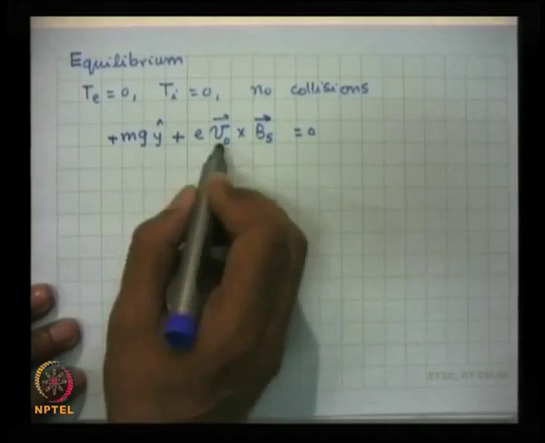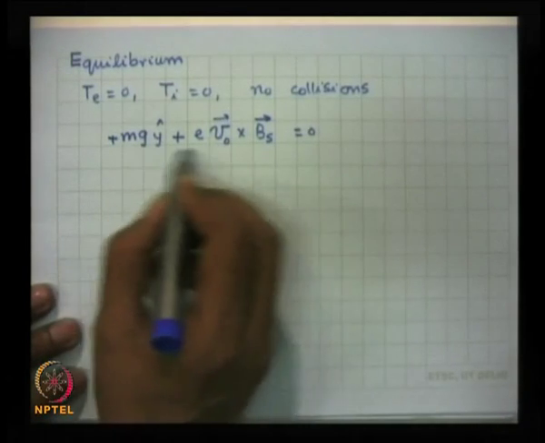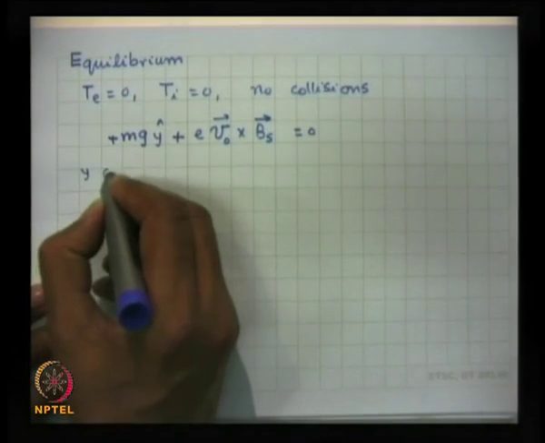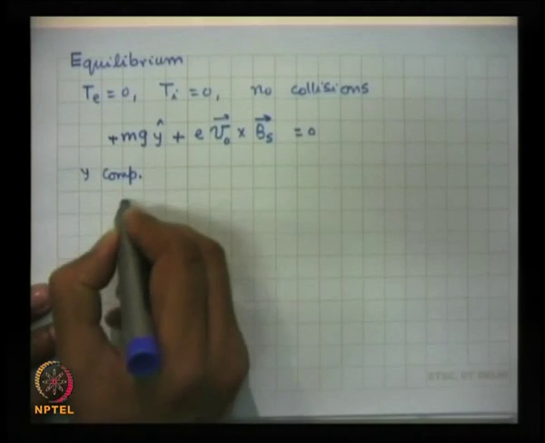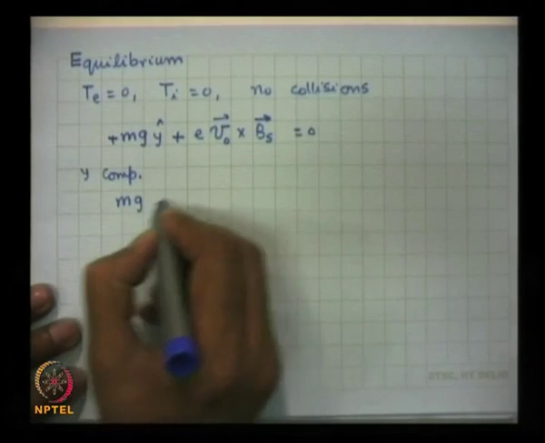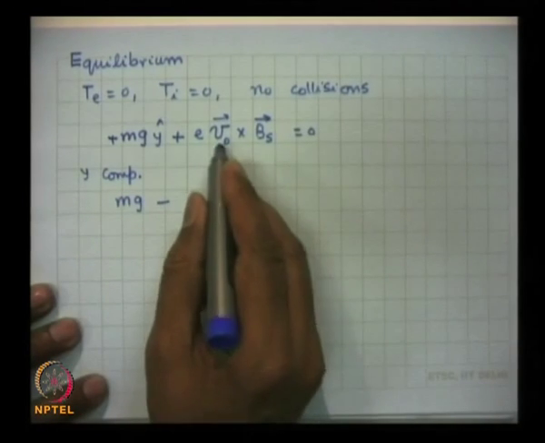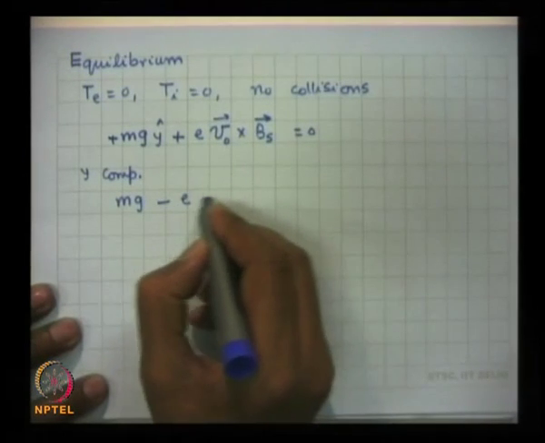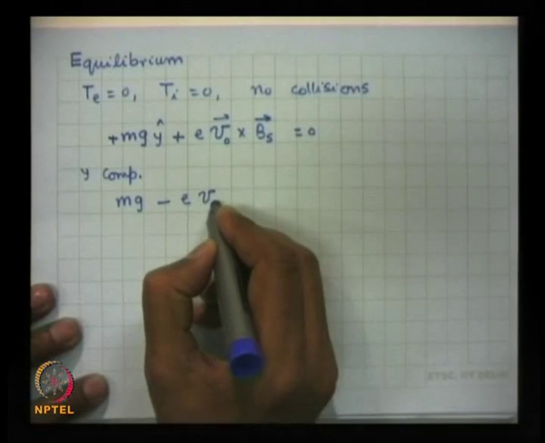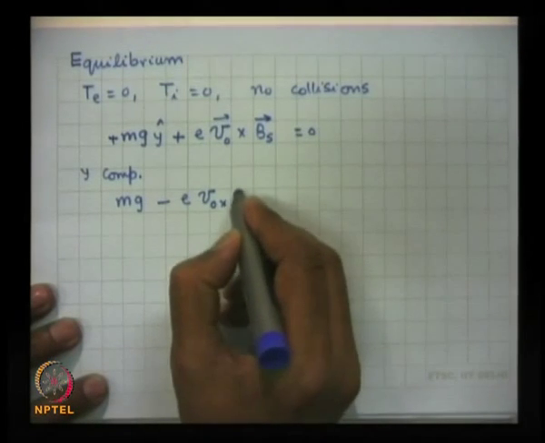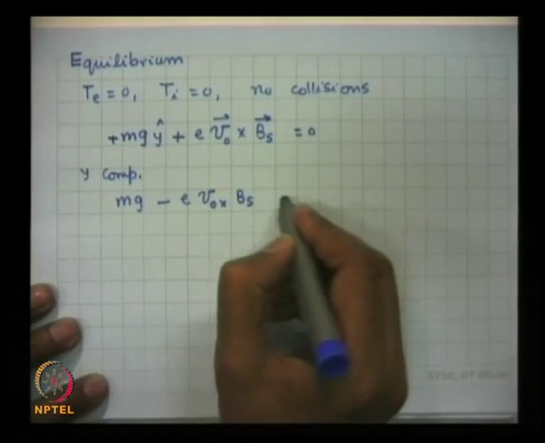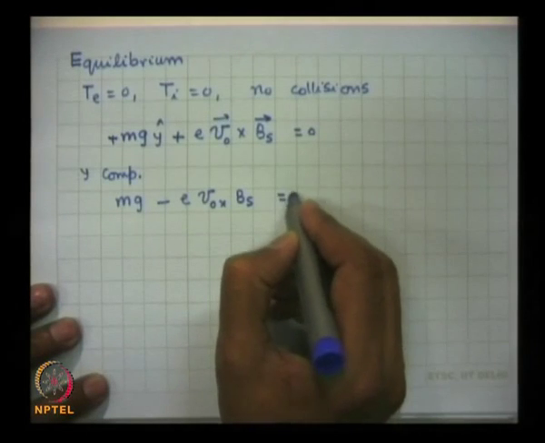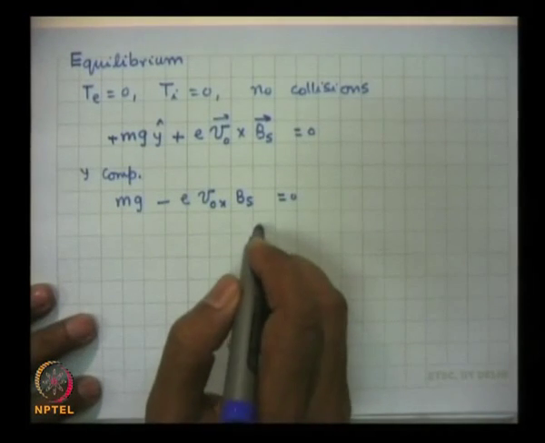So, the value of V0 that I get, you can obtain by taking the y component of this equation: mg, this is x, this is z, so minus e V0x Bs equal to 0. I think that is the mistake I had made earlier.